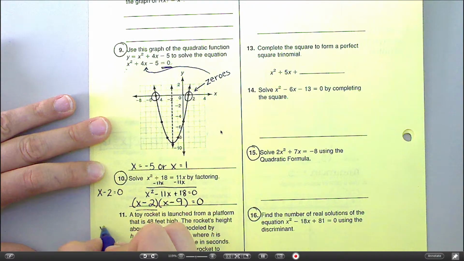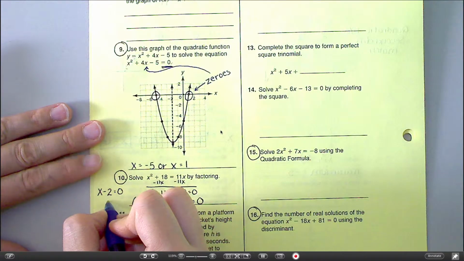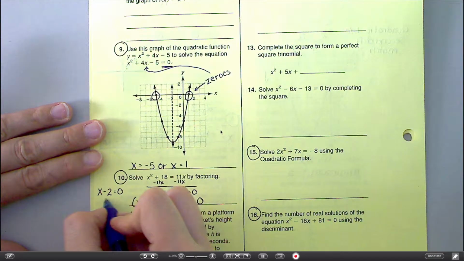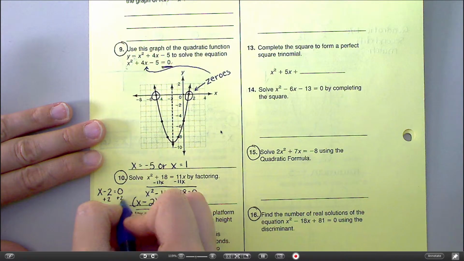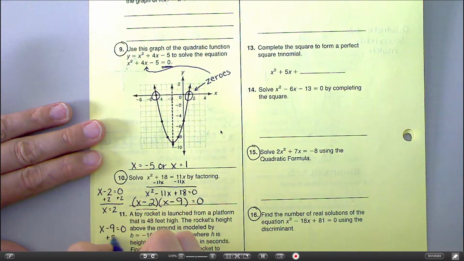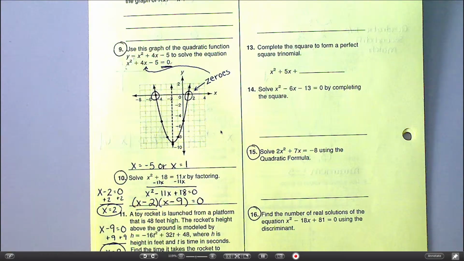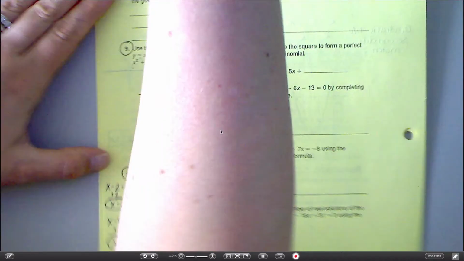Or x minus 9 equals 0. And so if x minus 2 equals 0, what would I do to solve this one? Add 2. So x would equal 2. And this one I would add 9. So x would equal 9. So my two solutions are x equals 2 and x equals 9.